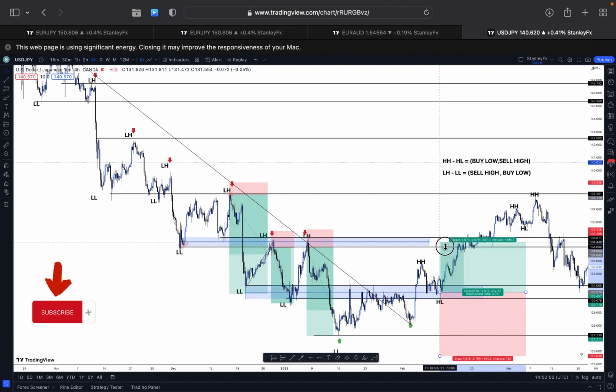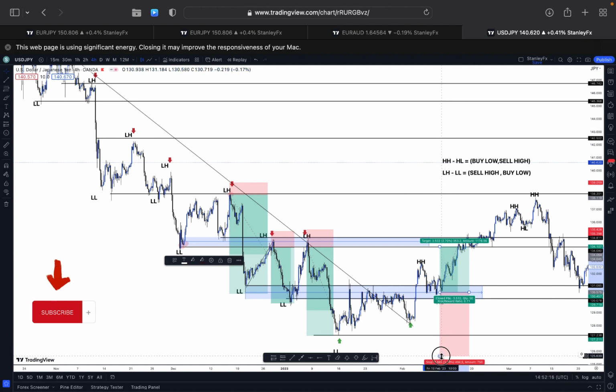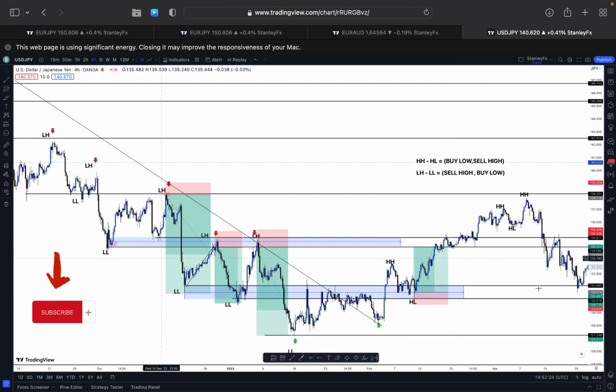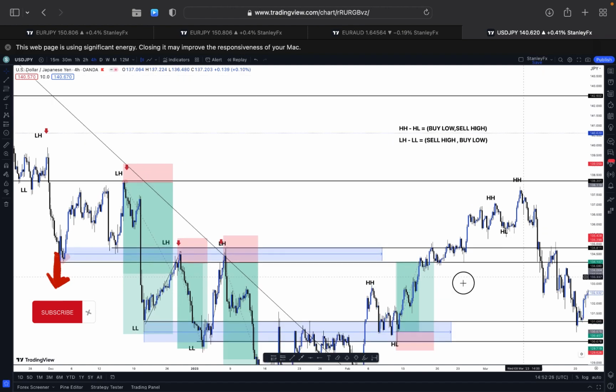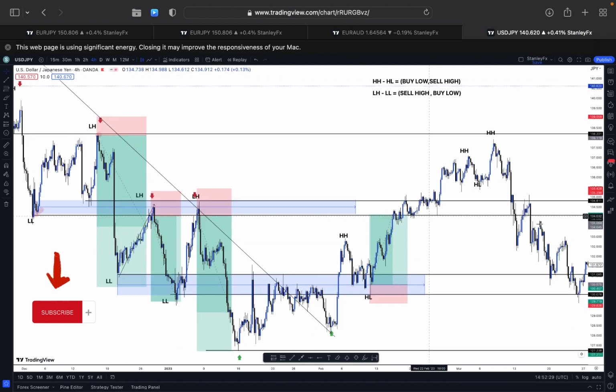So from here, our buying opportunities would have been from this particular point, aiming for this point to be our TP. So this was our fulfilled TP from there. How many pips was this?